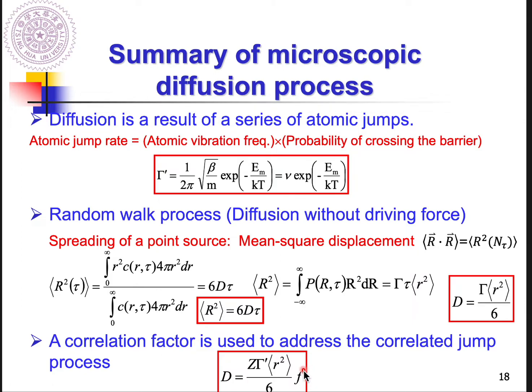If it is random, f equals 1, and this result equals what we derived in the previous line. But if it is non-random, with correlated jumps, then as long as we estimate f, when we know f, we can get the diffusivity.